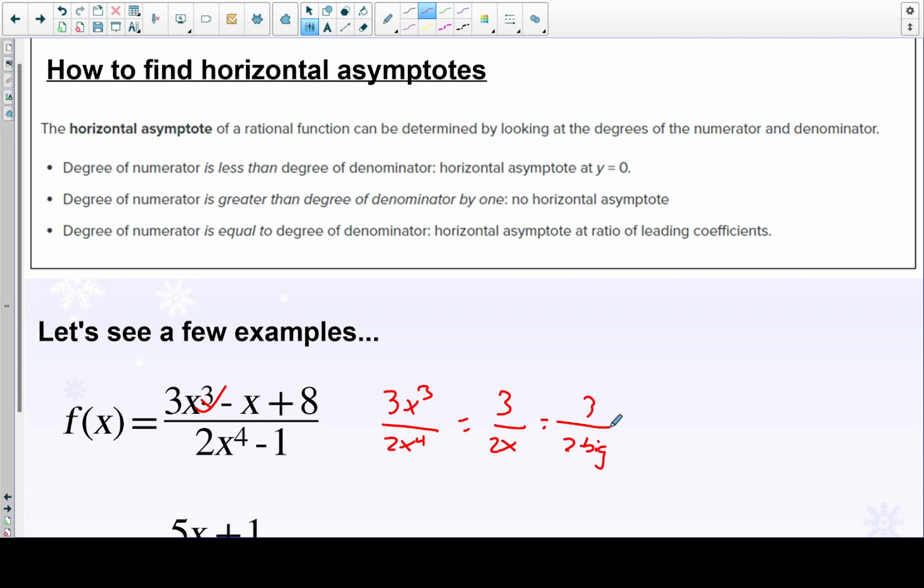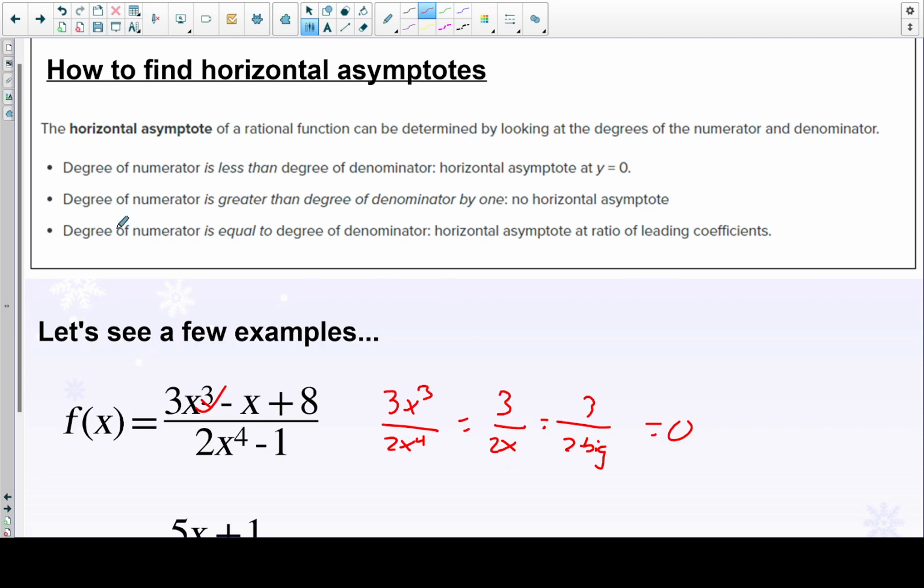Now it makes a little bit more sense. That's going to be 0 because 3 divided by a huge number is just 0. So basically, what comes out of all of that is if the degree of the numerator is less and the denominator is the bigger one, you automatically have a horizontal asymptote at 0.